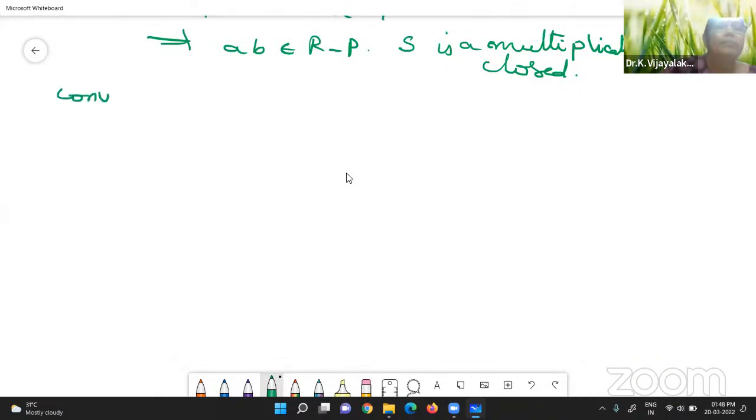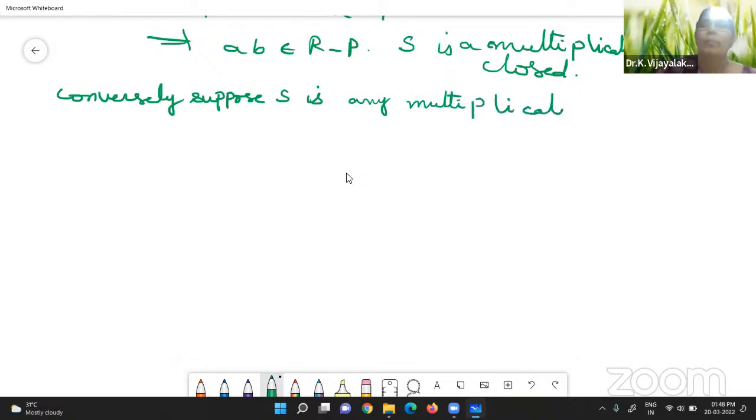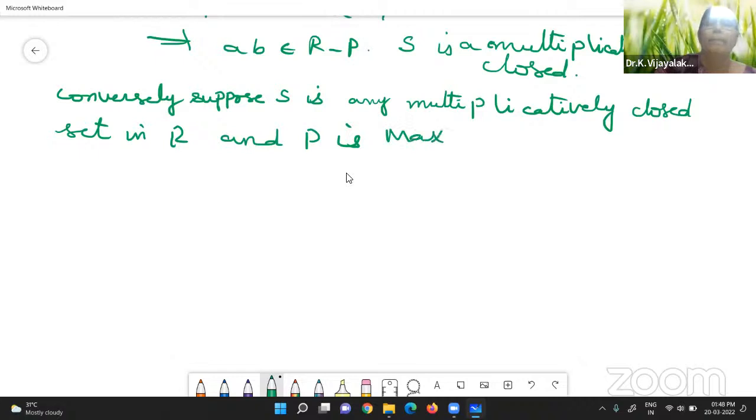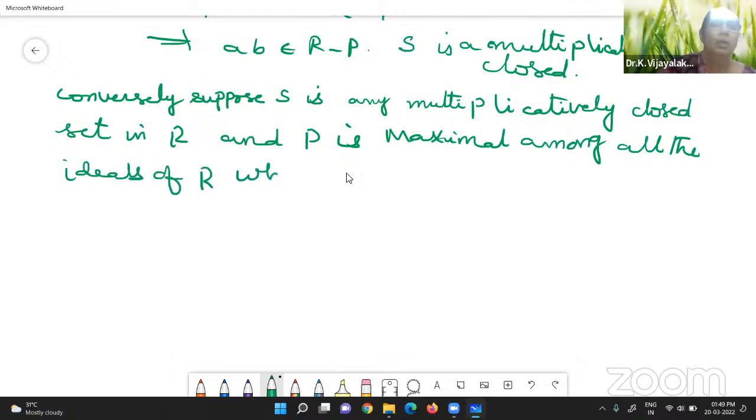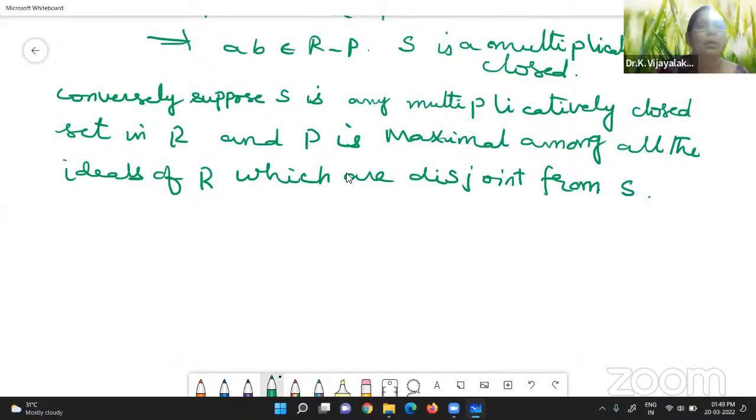Now, conversely, suppose S is any multiplicatively closed set in R and P is maximal among all the ideals of R which are disjoint from S. That is, you have P intersection S is empty.